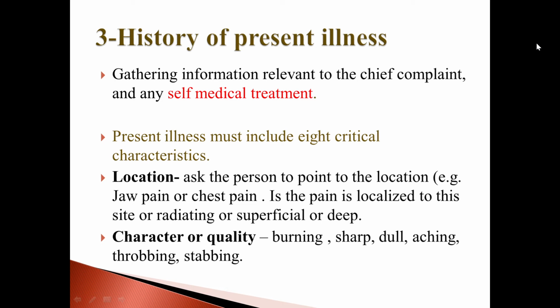Whether it is burning pain, sharp pain or dull, aching, throbbing or stabbing. Dull means aching pain. Dull discomfort occurs at a low level over a long period of time.